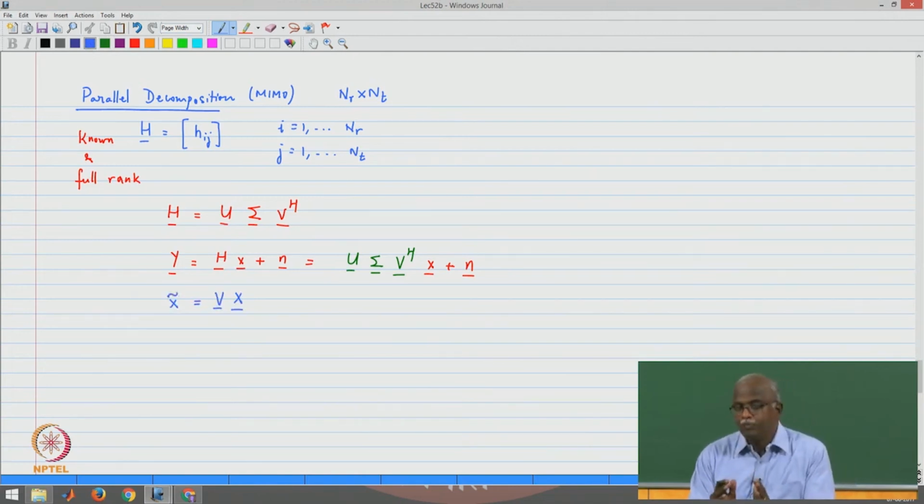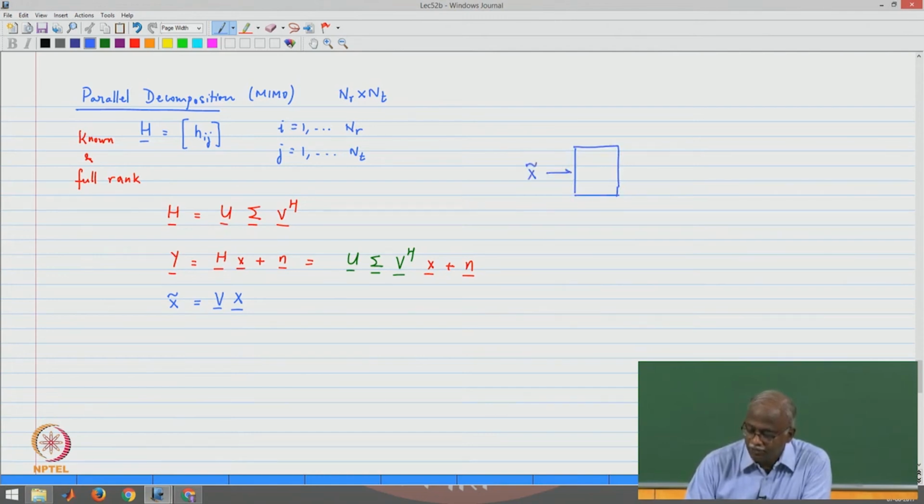So, a modified input is going to be provided to the channel. In other words, we are now going to feed x tilde into the channel matrix H. So, by using the original equation, I will now get a modified output, and we will call that y tilde, and y tilde will be H times x tilde plus n. Okay, so, some modified input and modified output to the same equation.